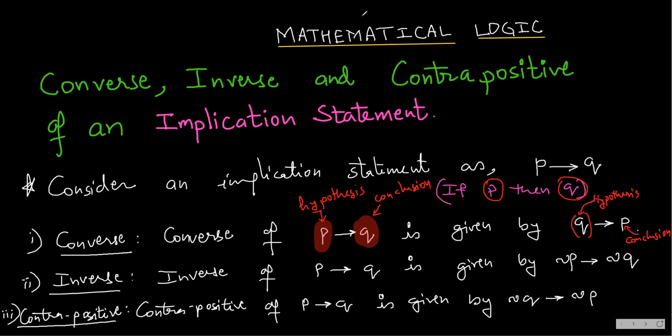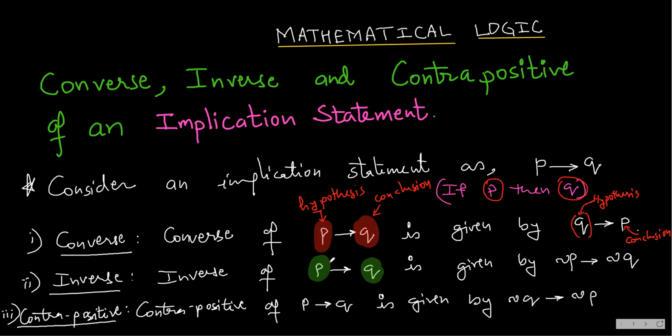Now, while writing the inverse, what happens? You know, once again, this is hypothesis and this is conclusion. You also call hypothesis as antecedent and conclusion as consequence, but I find hypothesis and conclusion much better to remember.